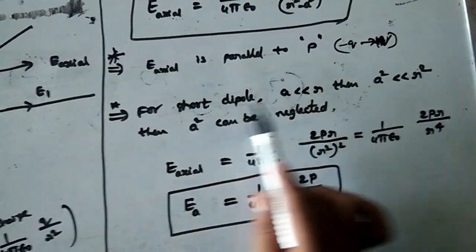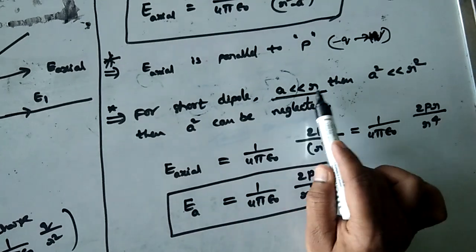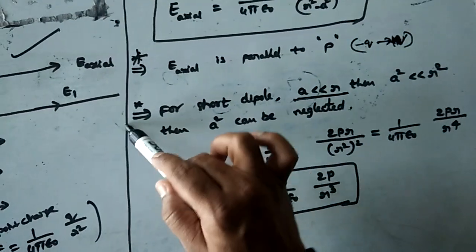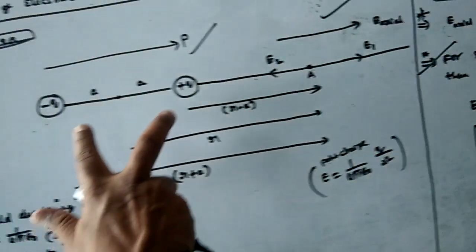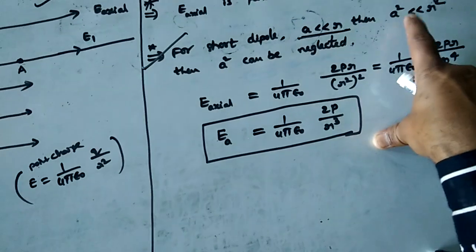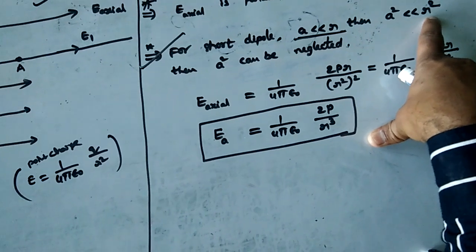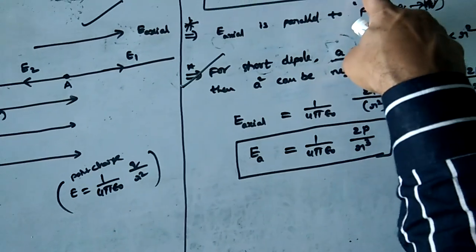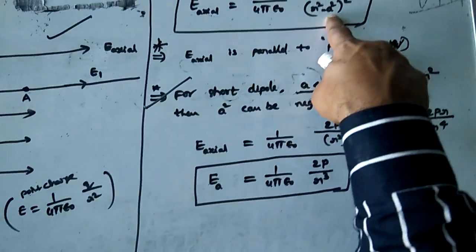For a short dipole, the length is very small, so a is much less than R, and a square is very much less than R square. In this formula I am neglecting the small value, a square.